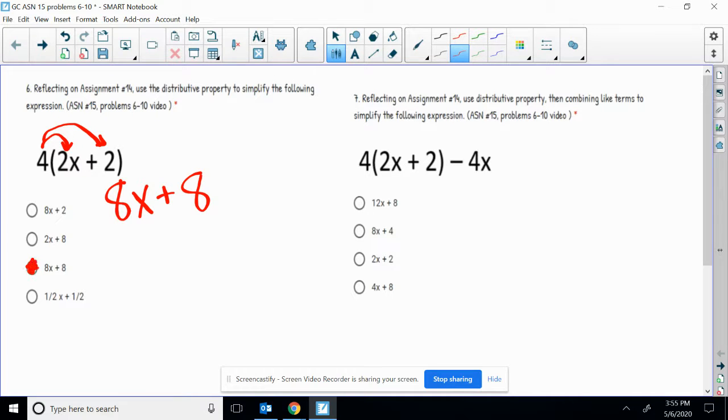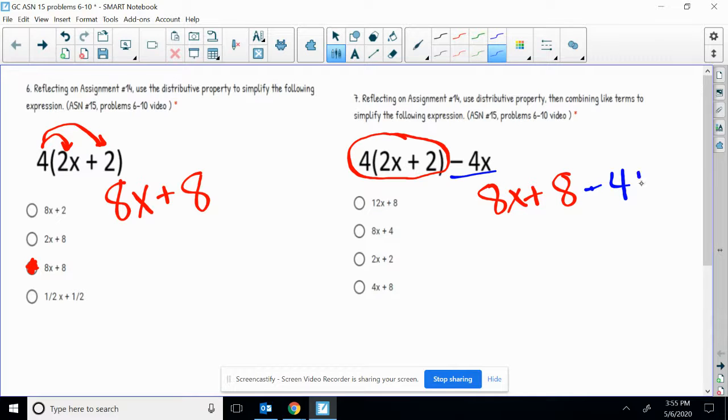So 8x plus 8 is as far as we can simplify that expression. Now we're just going to add the minus 4x here. So we know that 4 times 2x plus 2 is 8x plus 8. Now we're going to bring down the negative 4x. We're just bringing down the rest of the expression.